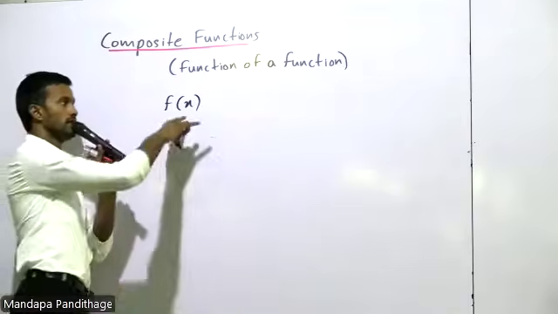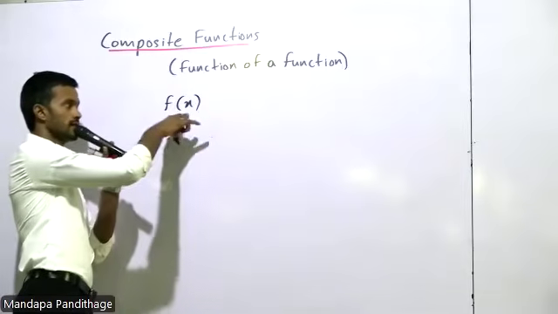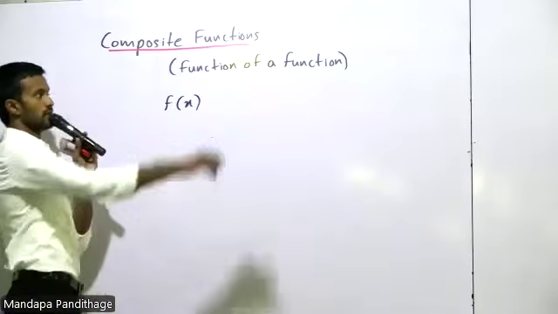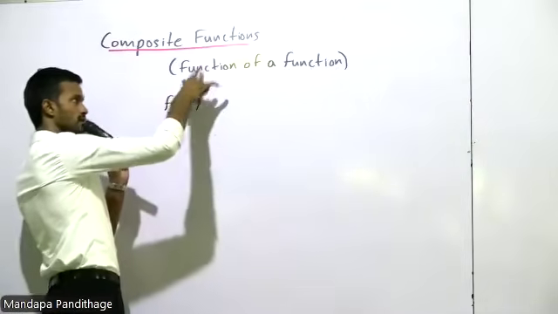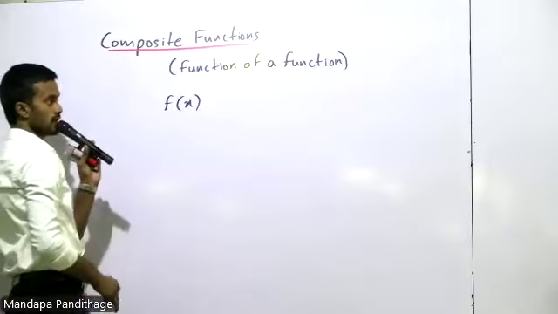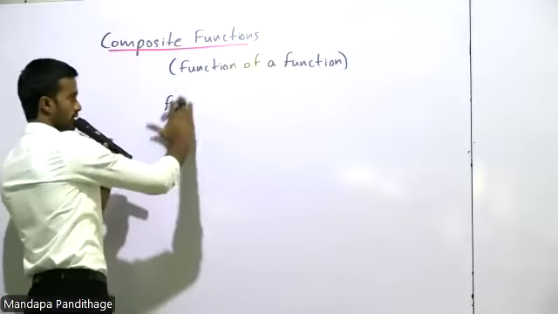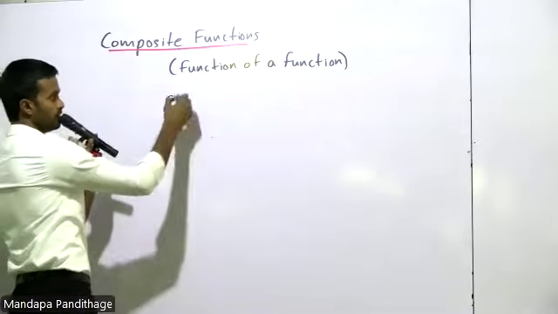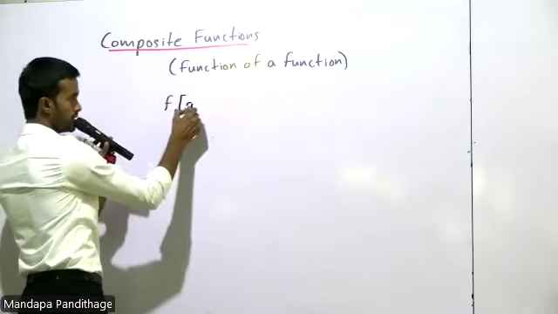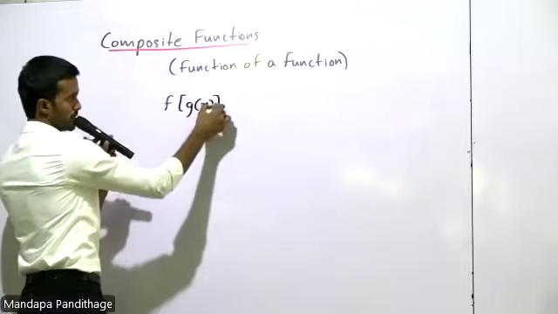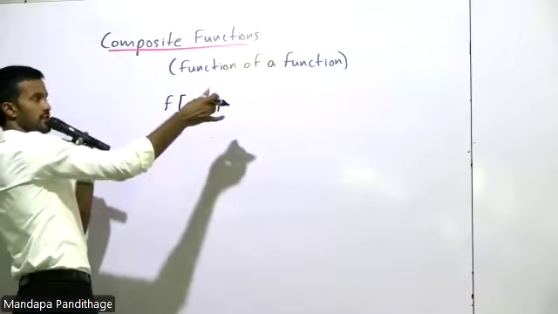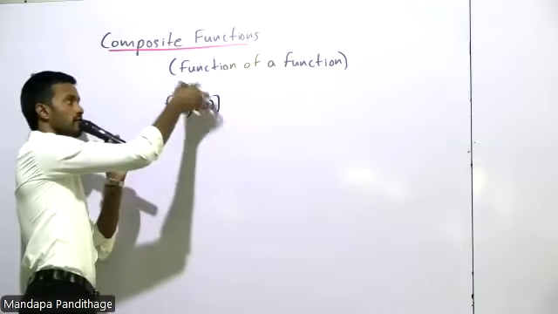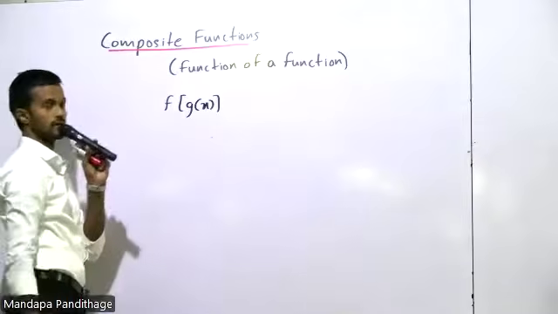Normally when we have a function, inside the function we have an independent variable. But here you can see even in the name, it's function of a function. So what do we term as a function of a function or composite function? If we have a function inside another function. Previously it was only like f(x), simply an independent variable. But now I have a function inside this main function.